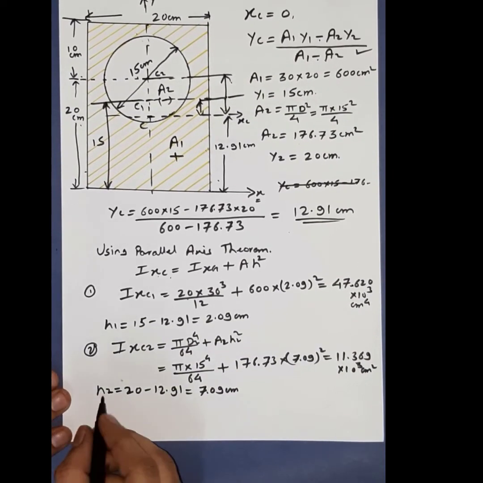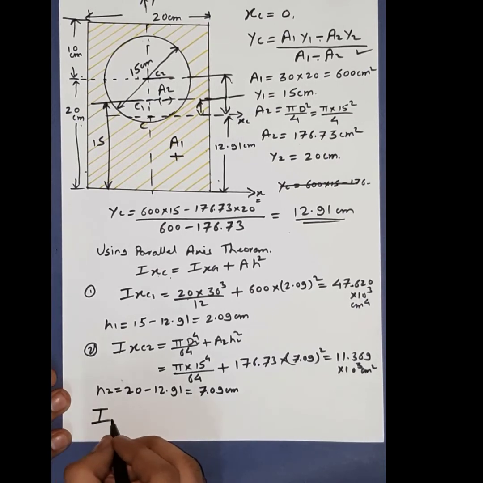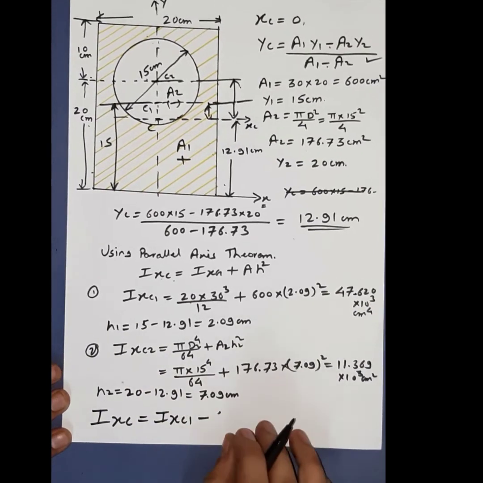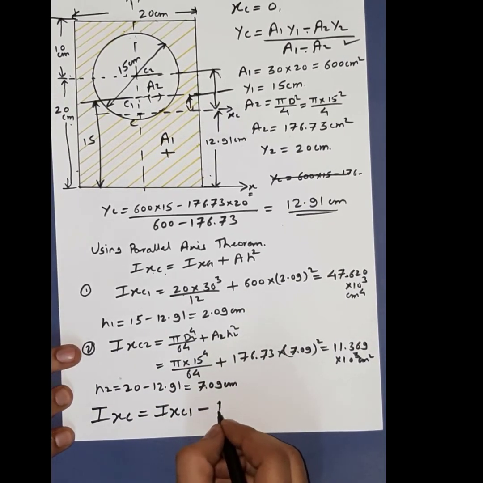Again, for the entire figure, Ixc will be equal to Ixc1 minus Ixc2.